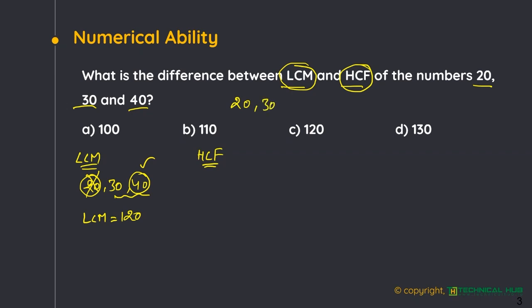I will take 20 and 30 first. According to the long division method, divide the greatest number with the smallest number. Here it is 20, 1 time 20. Remainder is 10. Again divide the previous divisor with this remainder. The previous divisor is 20 and now you have to divide with 10.